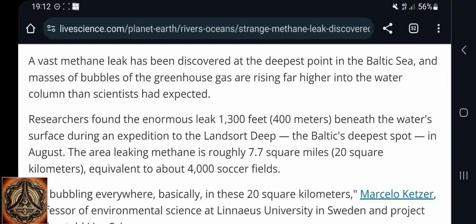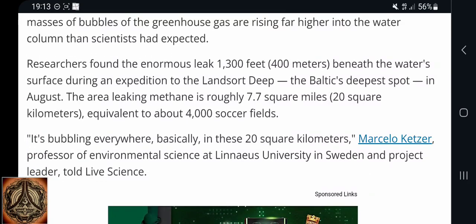Anyway, a vast methane leak has been discovered at the deepest point in the Baltic Sea, and masses of bubbles of the greenhouse gas are rising far higher into the water column than the scientists had expected. Researchers found the enormous leak, 1,300 feet, 400 meters beneath the water surface, during an expedition to the Landsort Deep, the Baltic's deepest spot, in August.